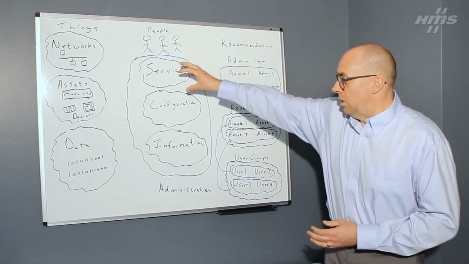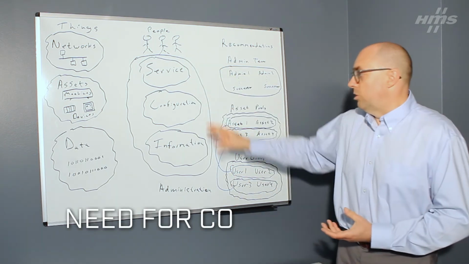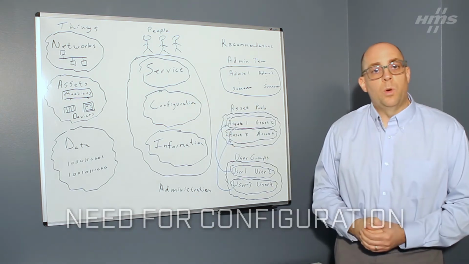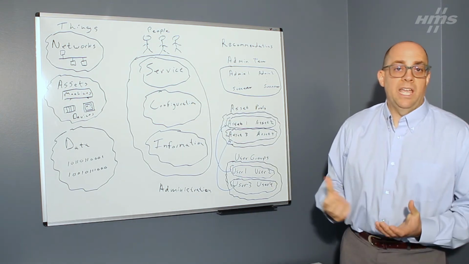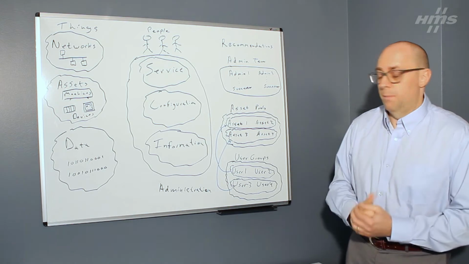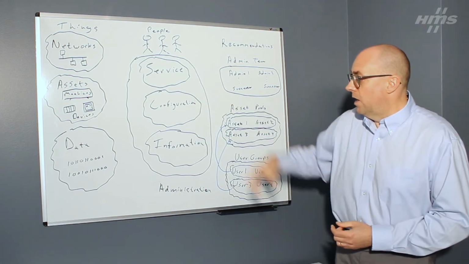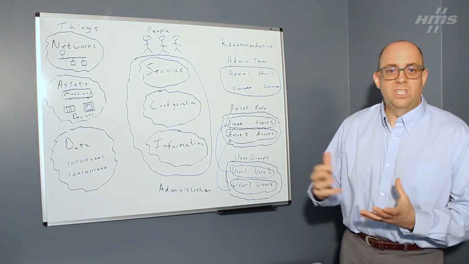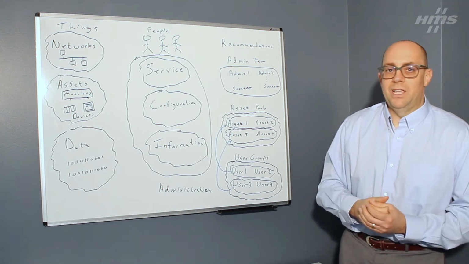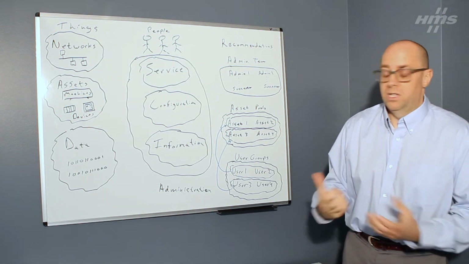There's a service component to it. Or is there a need to be able to do configuration? So do I need access to a SCADA application in order to load a recipe for the application? Or do I need to load simple configurations for the machine to output a new component or a new part?